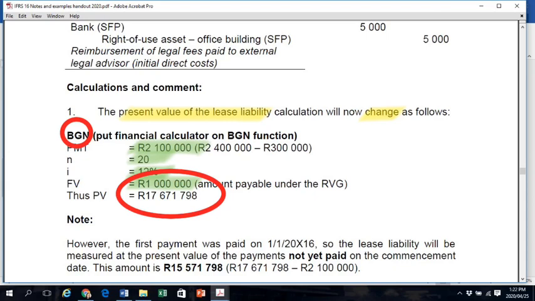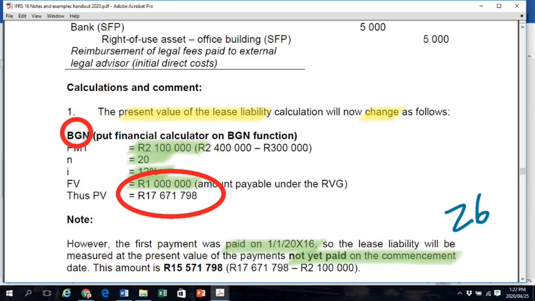17,671,798. However, the first payment was already paid on commencement date. So the lease liability will be measured at the present value of the payments not yet paid at commencement date because of paragraph 26.